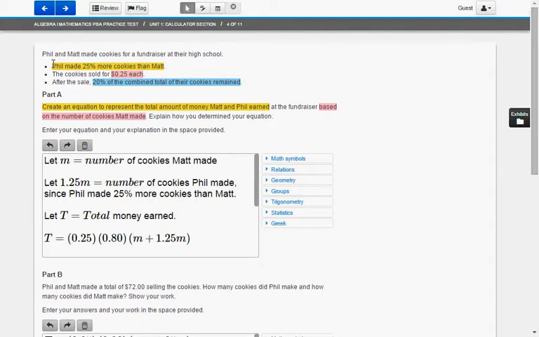We're told up here at the very top that Phil made 25% more cookies than Matt. So I gave this explanation here. Let 1.25m equal the number of cookies Phil made, since Phil made 25% more cookies than Matt. The reason this expression works to represent how many cookies Phil made is, if he made 25% more cookies than Matt, we multiply by 1.25.